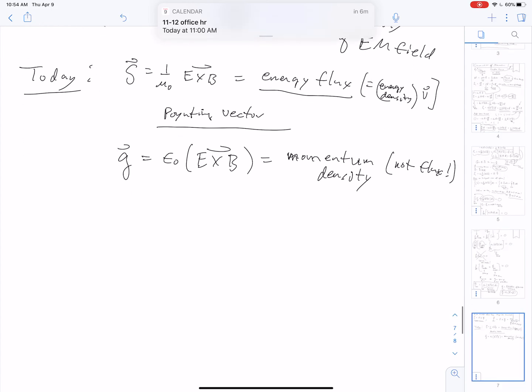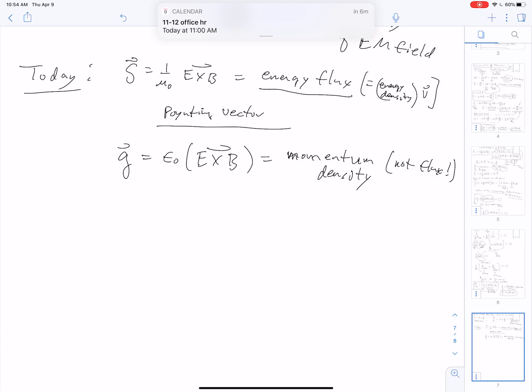This point is sort of trivial in one sense, but kind of confusing in another, because you can write one in terms of the other. For example, G is equal to mu naught epsilon naught S. But that's a little bit confusing because they are different things. I have a momentum density G, and S is an energy flux.